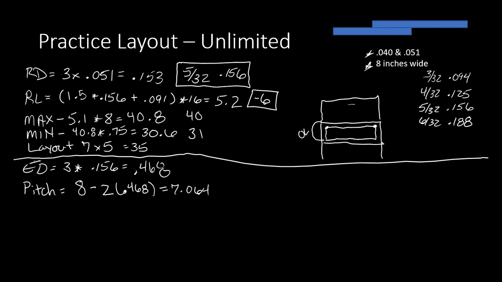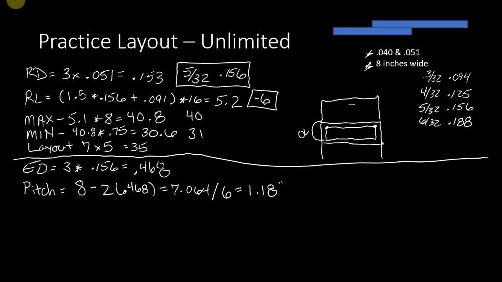Cool. But I want 7 rivets going across there. So how do I figure that out? Divide by number of spaces. If I want 7 rivets from my layout going across, 1 less is the number of spaces. So I'm going to divide that 7.064 by the number of spaces, and I find out in between each rivet is 1.18-ish inches.